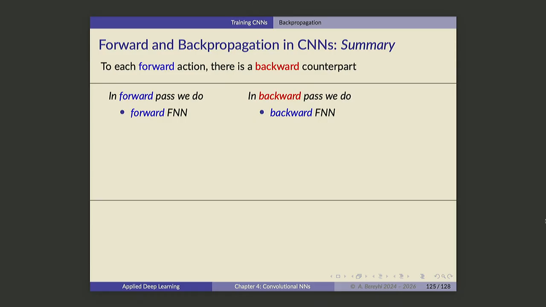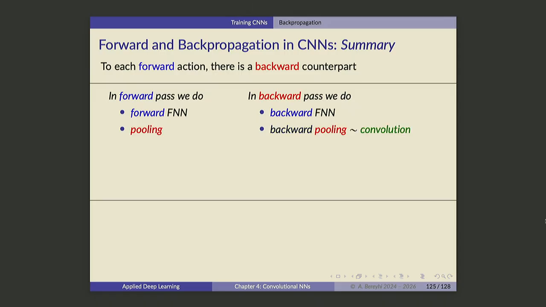Now, that's it. Pretty much anything that you need to know if you want to really train or implement the training loop of a CNN from scratch are these particular operations. If in the forward pass you have an MLP, the backward is as before, the backward MLP. You get to the output of the last convolutional layer or pooling layer, whatever that is.